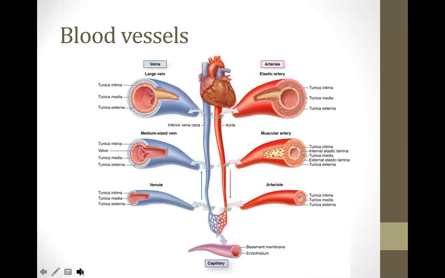Yeah. So, we have classification, not just arteries and vein. For example, for artery, we have elastic artery or the large arteries. The muscular artery, on the other hand, we have the medium-sized artery or the muscular artery. And you have arteriole. And the single layer is the capillary. We also have at the vein, you have large veins, medium-sized veins, and a venule.